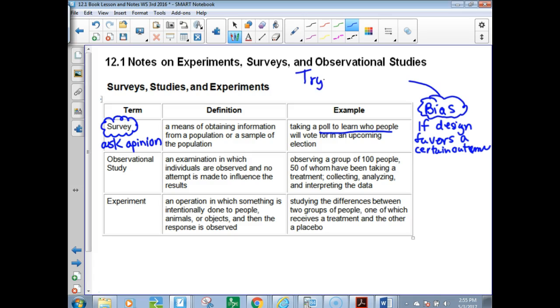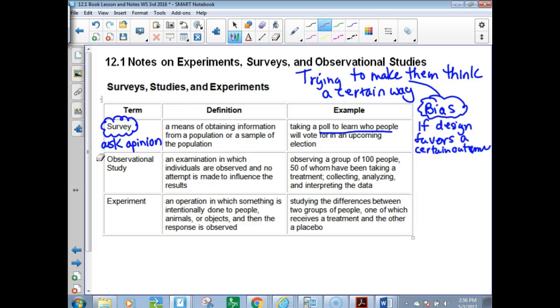You might be trying to make people think a certain way. Might not be your way, just a certain way. You're trying to make it come out the way you want it to come out. Okay? That's when there's bias.